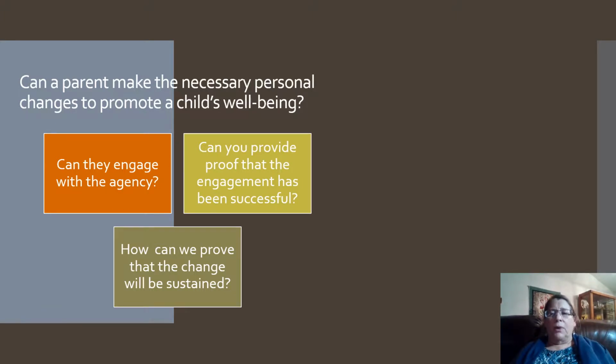Are they going to bond with you and work with you? And can you provide proof that the engagement and the work that you've done has been successful? In other words, is it measurable, the changes that they've made? Can you prove or disprove that the changes have helped with the child? And how can we prove that the change can also be sustained?